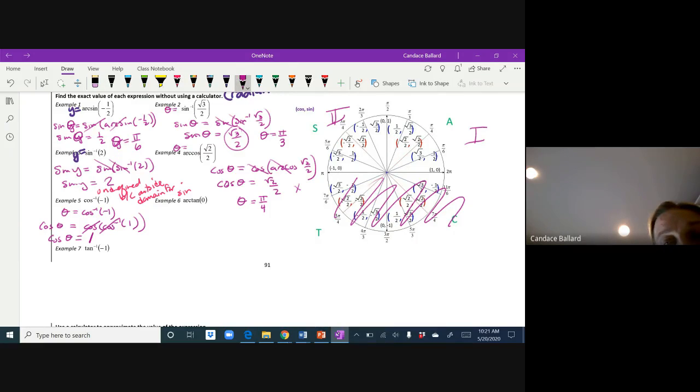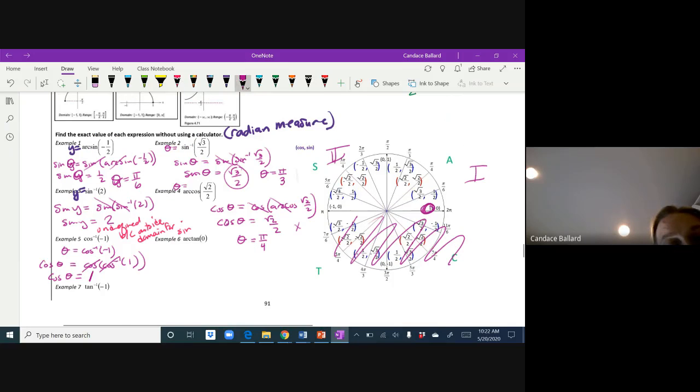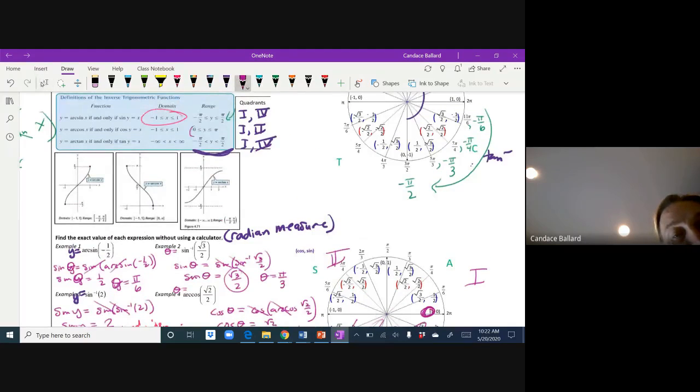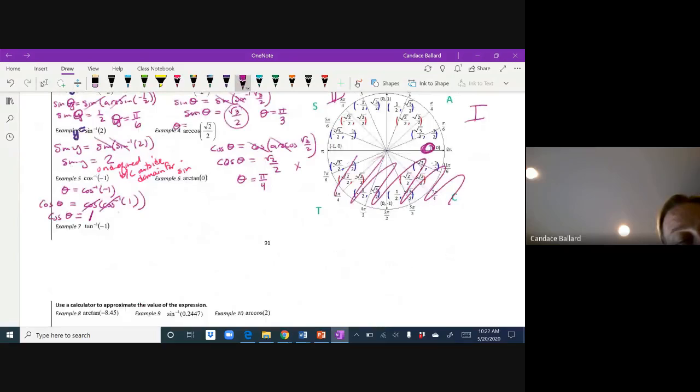Notice it goes from 0 to pi. I don't get to use 2 pi, so I only can use the 0. So I know that the angle measure that I'm using there would be 0. And I'm sorry that that is not written on here. I really should have that radian measure on there.